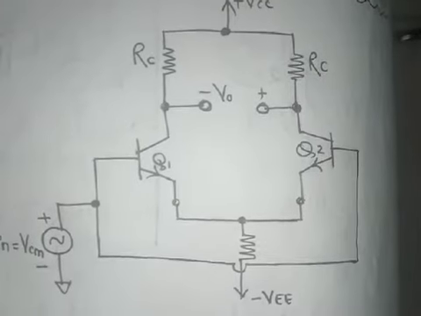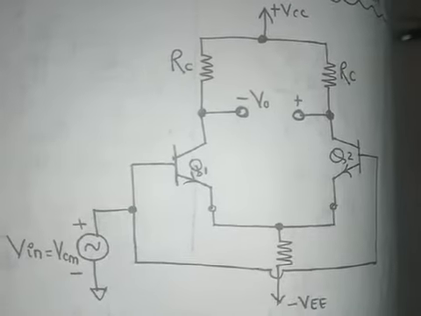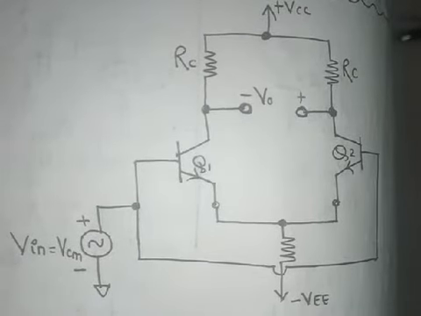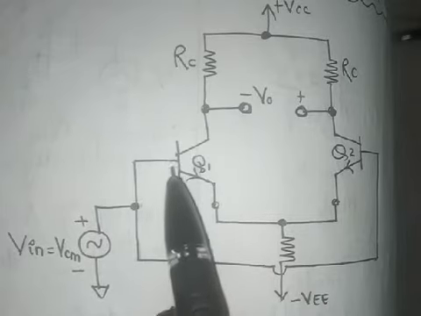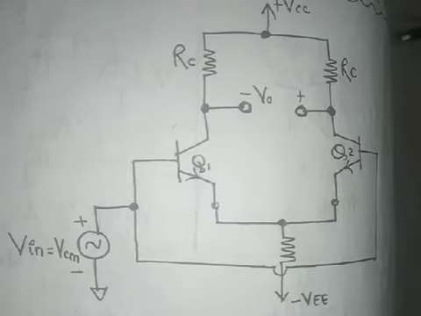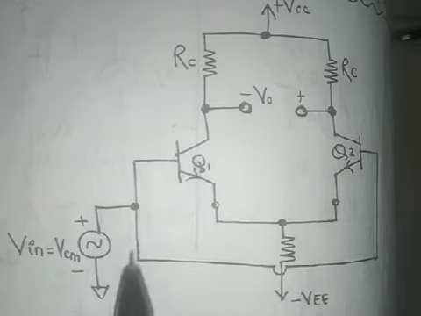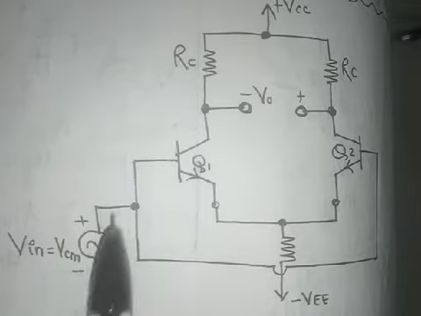This is the circuit of a differential amplifier in a common mode configuration. Common mode means we will operate the differential amplifier by making the two inputs common, meaning same, connected to the same input.